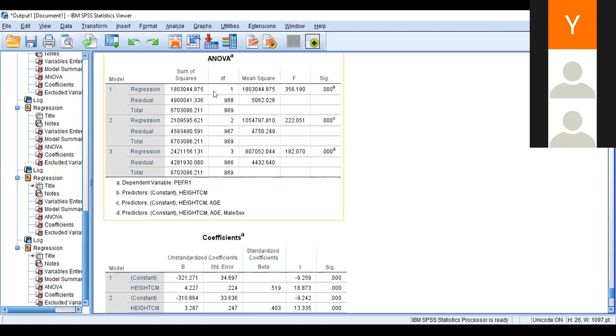Now, this F ratio, you can see for each category. What this is telling you is that as you are adding more to the model, it is increasing the variability explained out of the total variability.